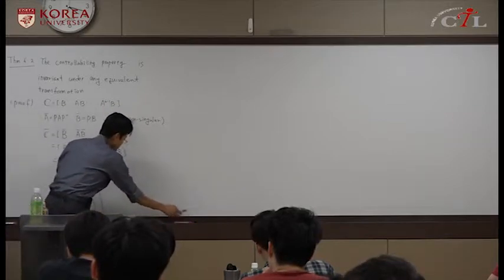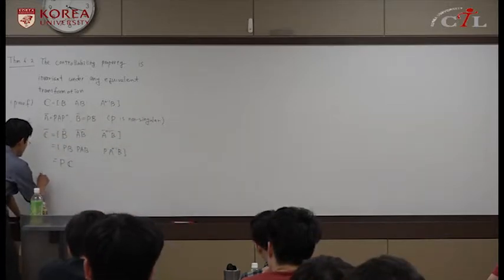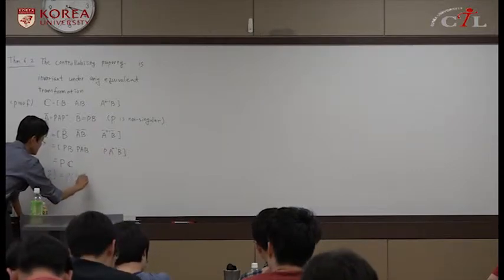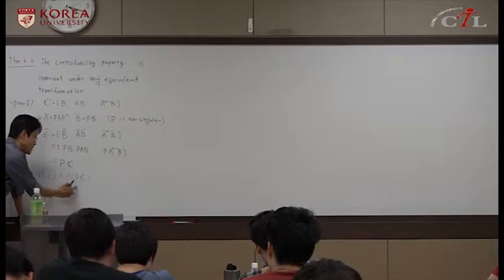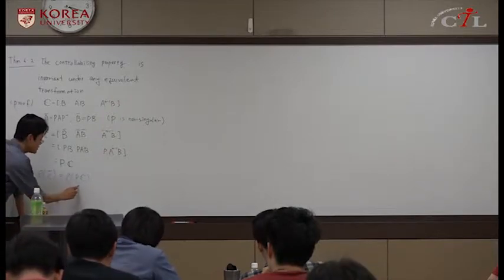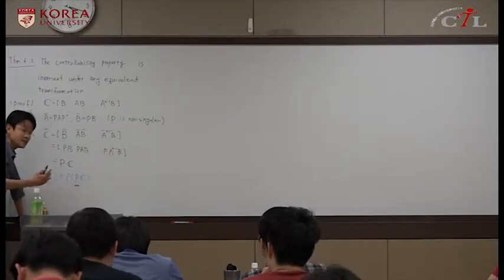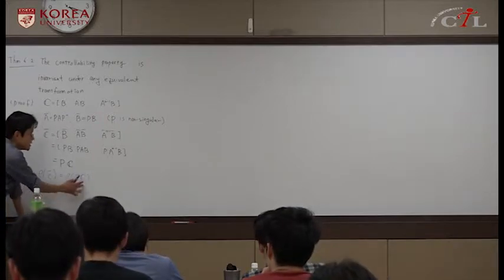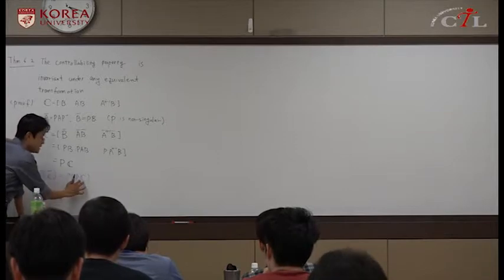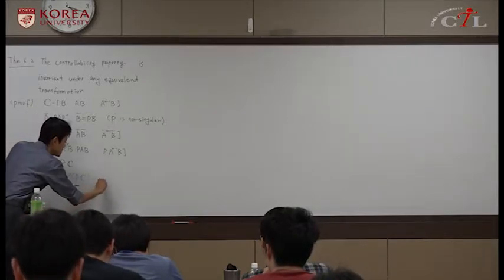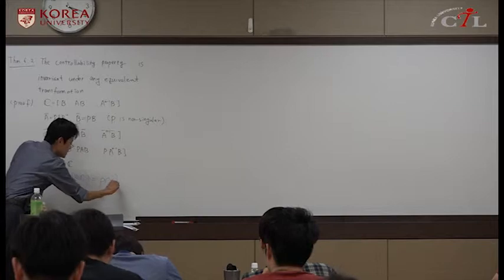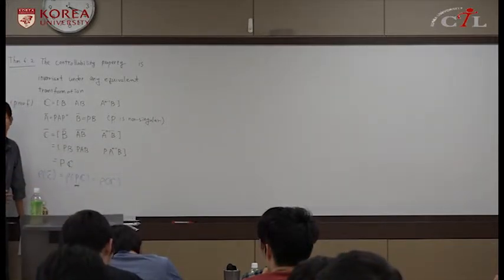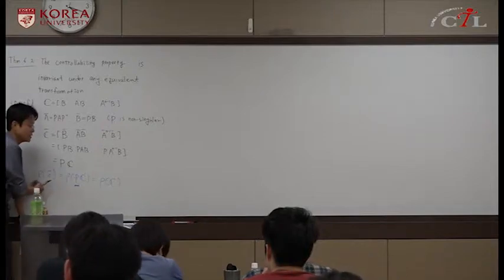So if we calculate the rank of this, it is the rank of PC. If P is non-singular, it does not hurt the rank of C. So this rank should be the same as that of C. For detail, you may see chapter 3, where one of the statements describes this property.